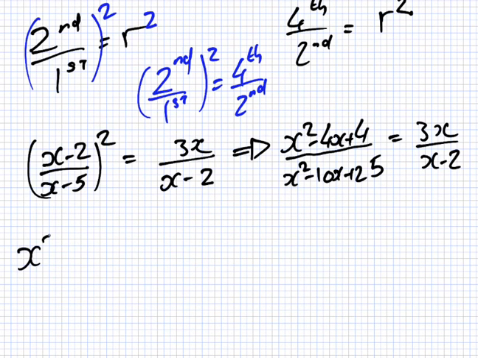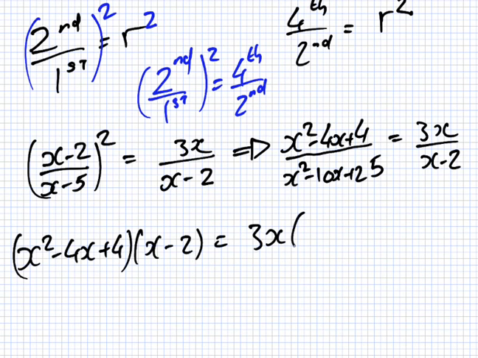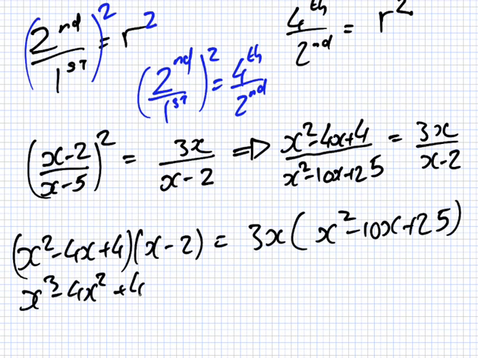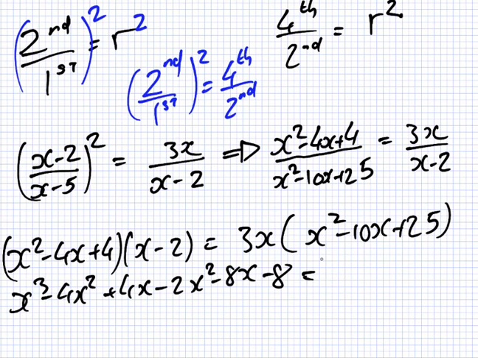So that means x squared minus 4x plus 4 times x minus 2 will equal 3x times x squared minus 10x plus 25. That means x cubed minus 4x squared plus 4x minus 2x squared minus 8x minus 8 should equal 3x cubed minus 30x squared plus 75x.